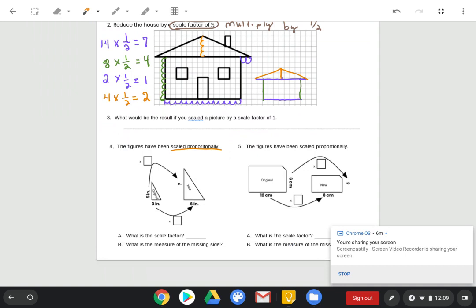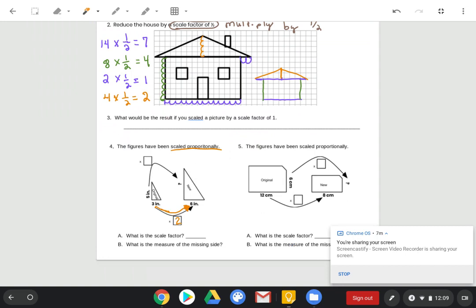And I'm looking down here at this 3, and I'm seeing that I'm going from that 3 to the 6. So the question is, what is my multiplier to go from 3 to 6? And I'm sure you already know that 3 times 2 is 6.